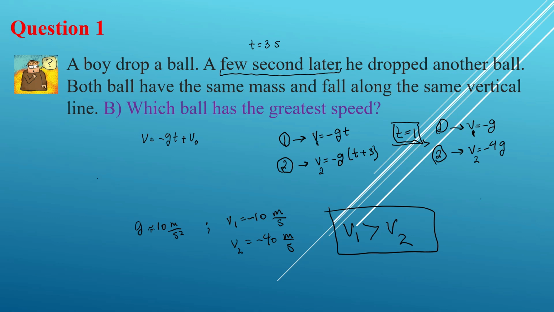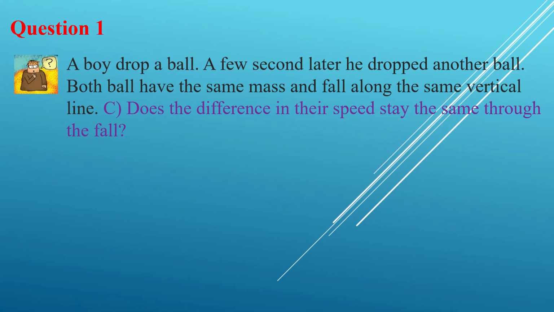Now let's look at the third part. This part asks, does the difference in their speed stay the same through the fall? So what I found in the previous slide is that my v1 is equal to minus gt, right? And my v2 is equal to minus gt plus 3, right?